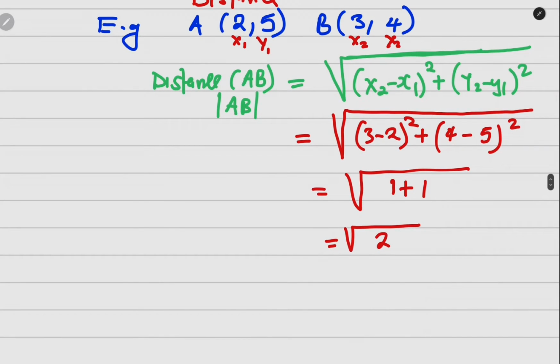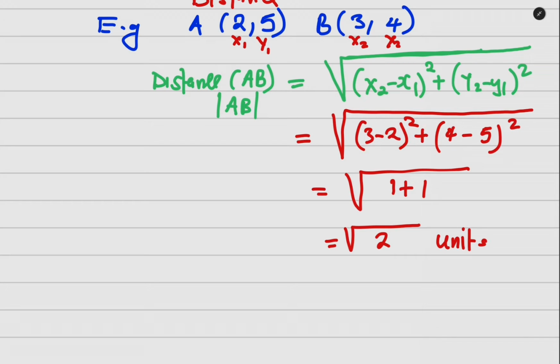Since this is paper 1, you can end here and put units. I'm saying you can leave it here because you are asked to find the square root of the number, and how are you going to find the square root of 2 without a calculator? If you cannot find the square root, then you leave it like that.